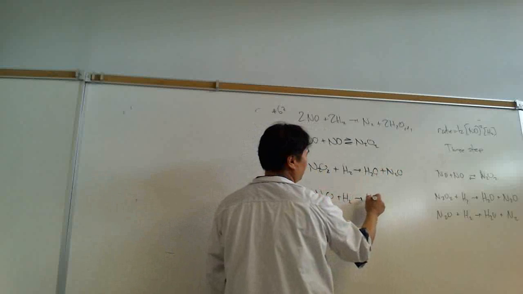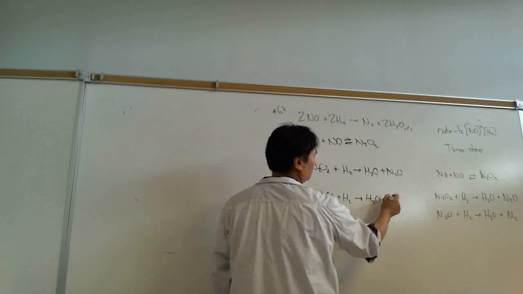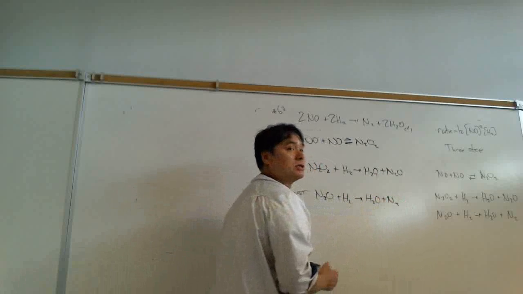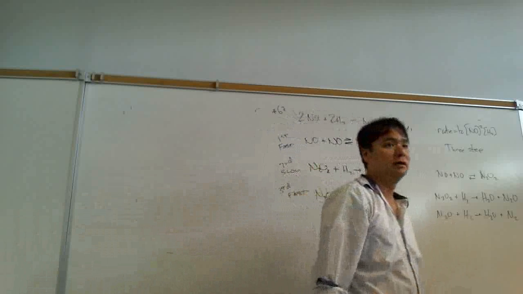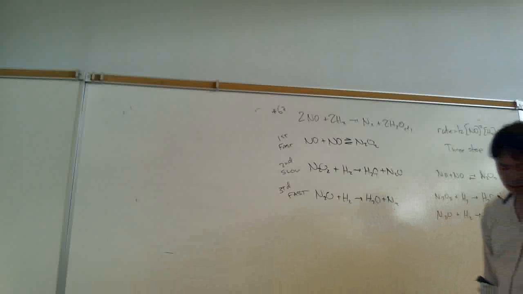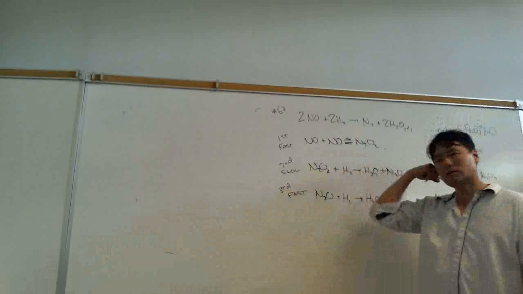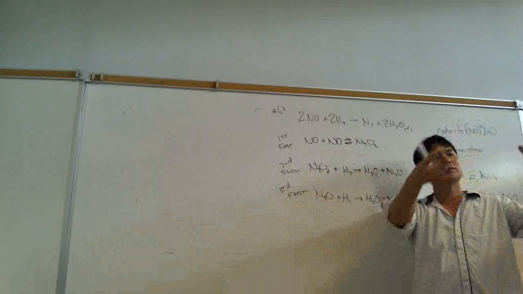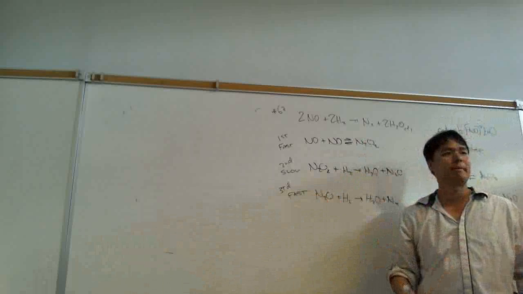You know, people want to take more of the guesswork out, so they'll do some calculations to figure out which transition states would make sense. These are all simple collisions, so they're going to go through some kind of transition state, right?